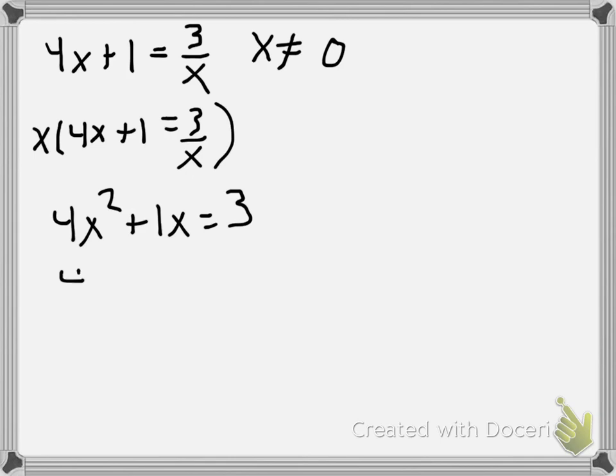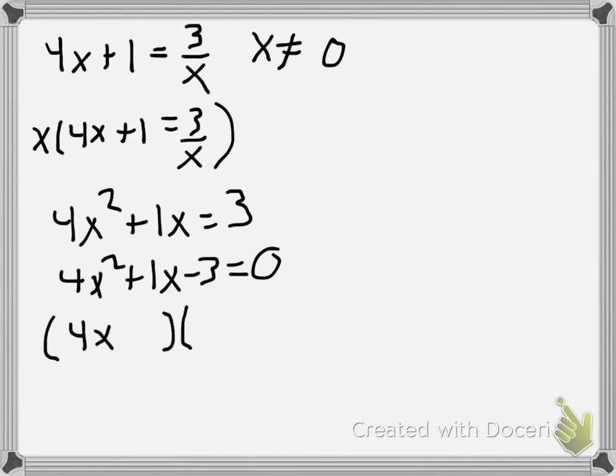So I get 4x squared plus 1x minus 3 equals 0. And this shouldn't be too hard to factor. This is 4x, this is x. This is 3, this is 1.